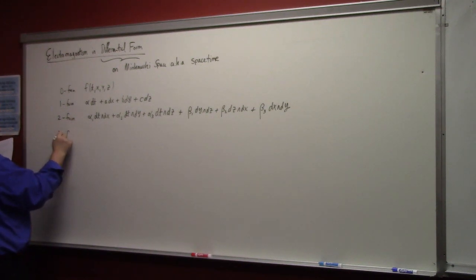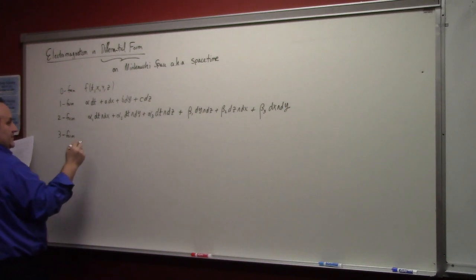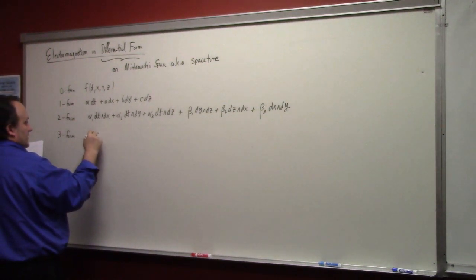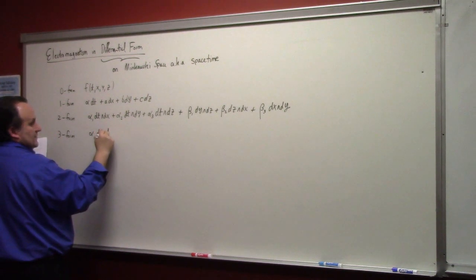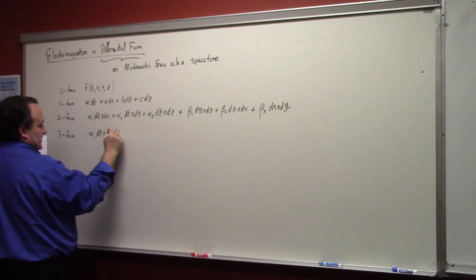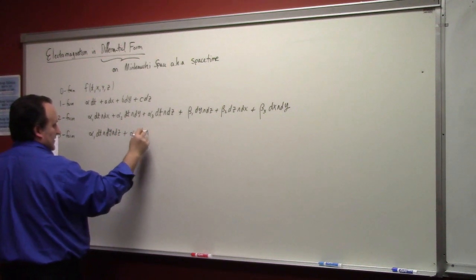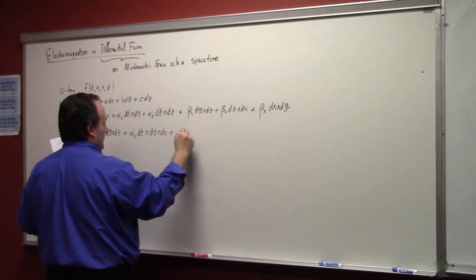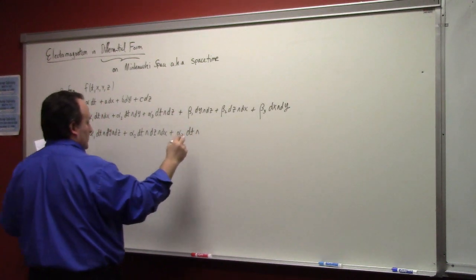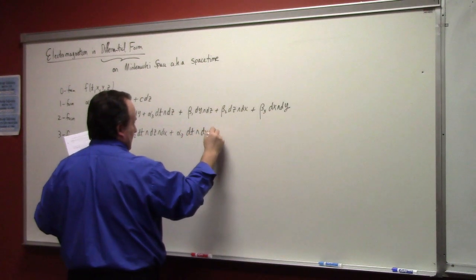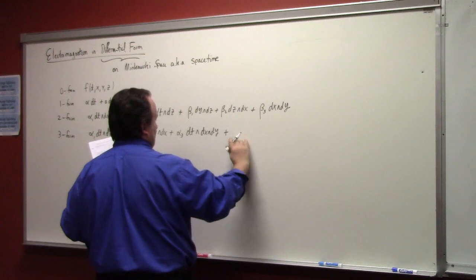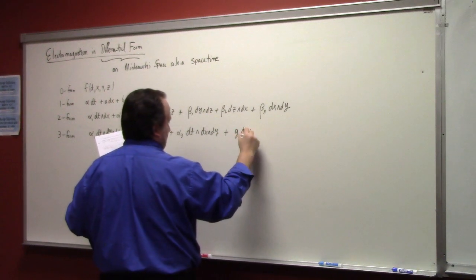A three form on R4 would look something like, goodness, I haven't thought about this one. You've got alpha 1 dt wedge dy wedge dz, alpha 2 dt wedge dz wedge dx, alpha 3 dt wedge dx wedge dy, and then of course gamma, or maybe I'll use g, I just need a letter, dx wedge dy wedge dz.